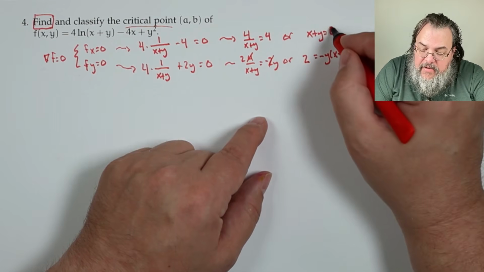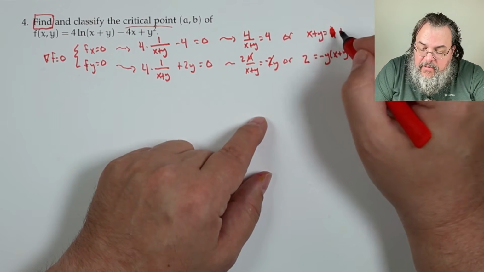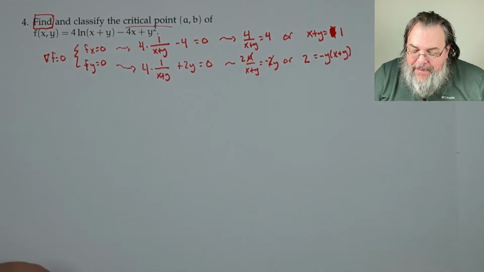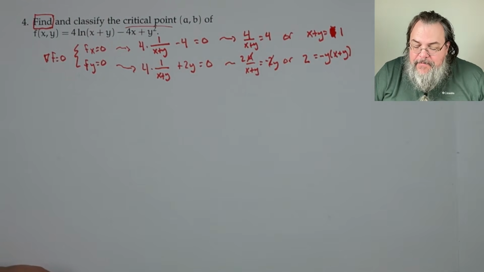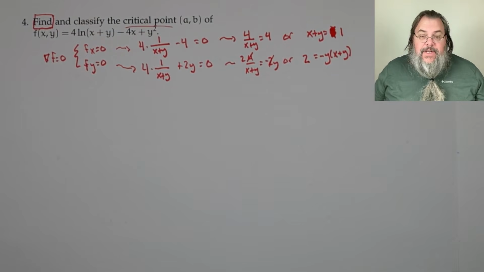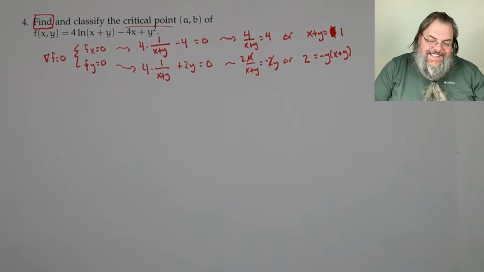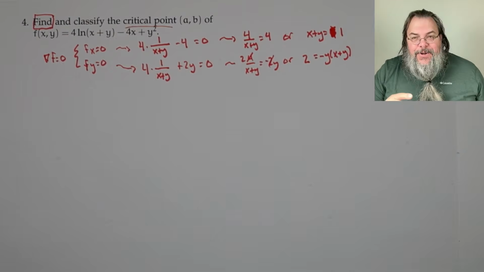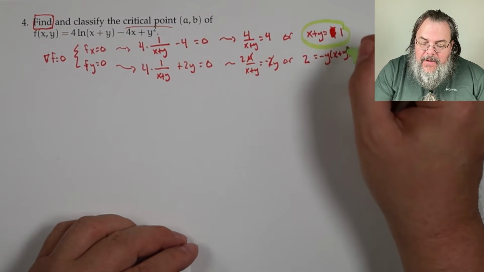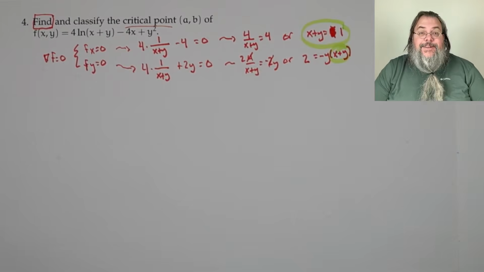And I don't know why I said x plus y equals 0 up here. It's x plus y equals 1. Momentary lapse. So be careful. Now, this looks like a very complicated set of equations, but actually, notice what happens. X plus y equals 1, right? Here's an x plus y.